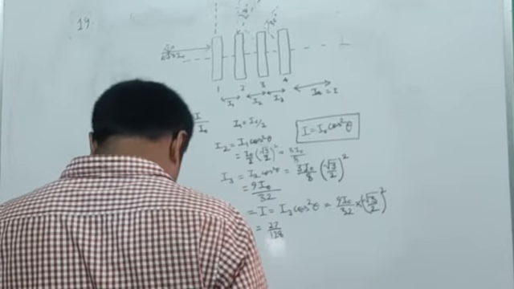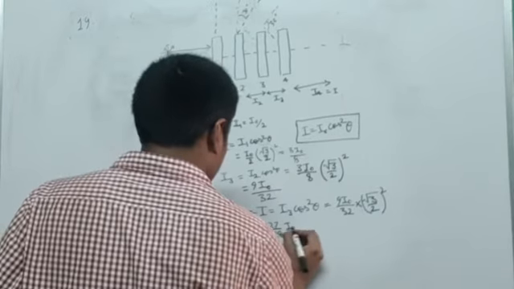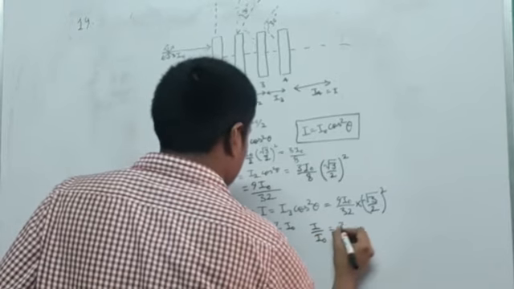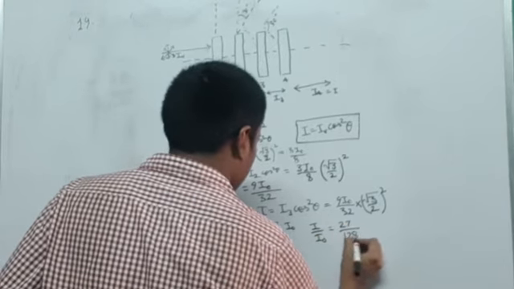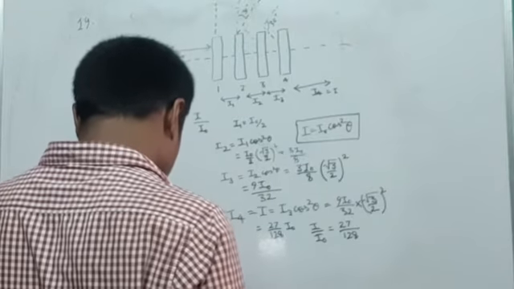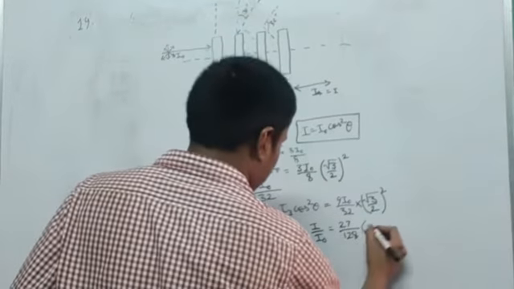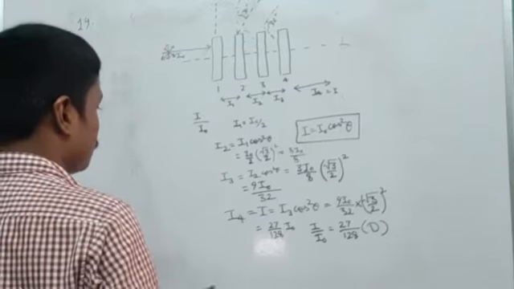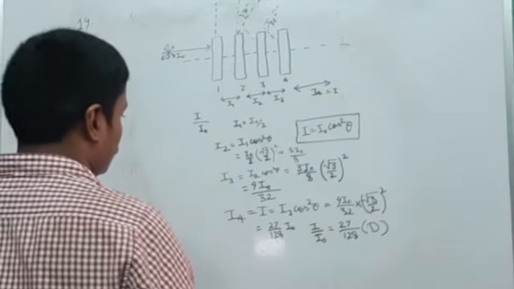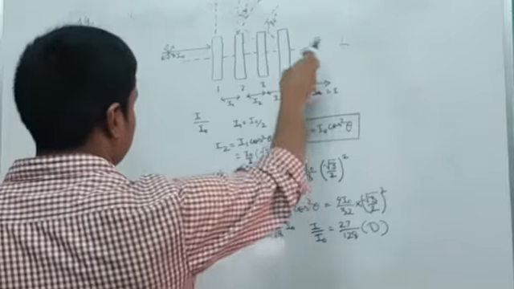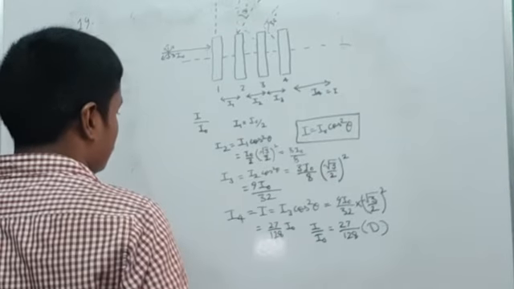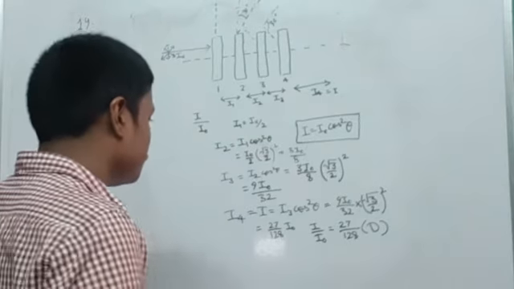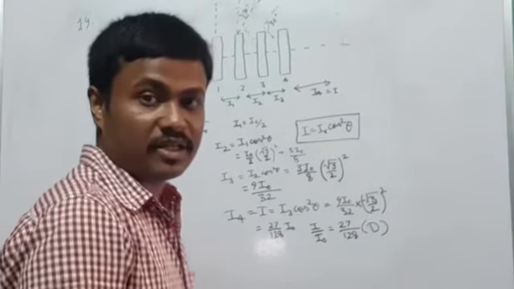So our final ratio of I by I naught is 27 over 128. That is our option D. The final intensity is about 27 over 128 times the initial intensity.